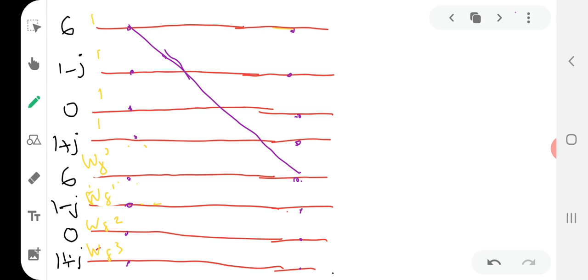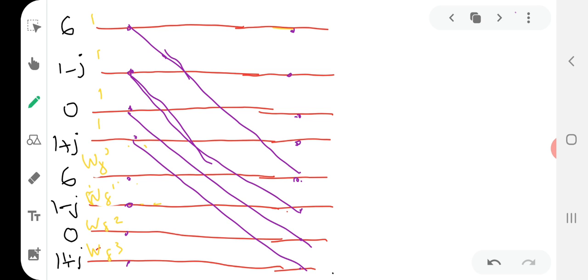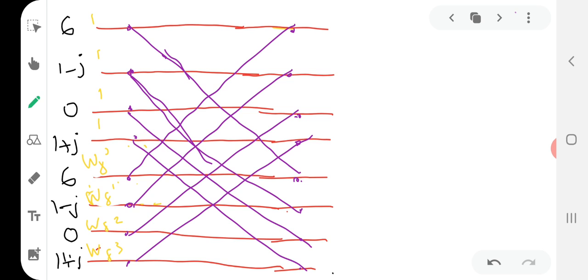Similarly, from this point we have to join it at the fourth line, and the third also we have to draw to the fourth line, and the fourth also at the fourth line. Then from here we draw like this, and like this, and like that after 4 lines we have to join.